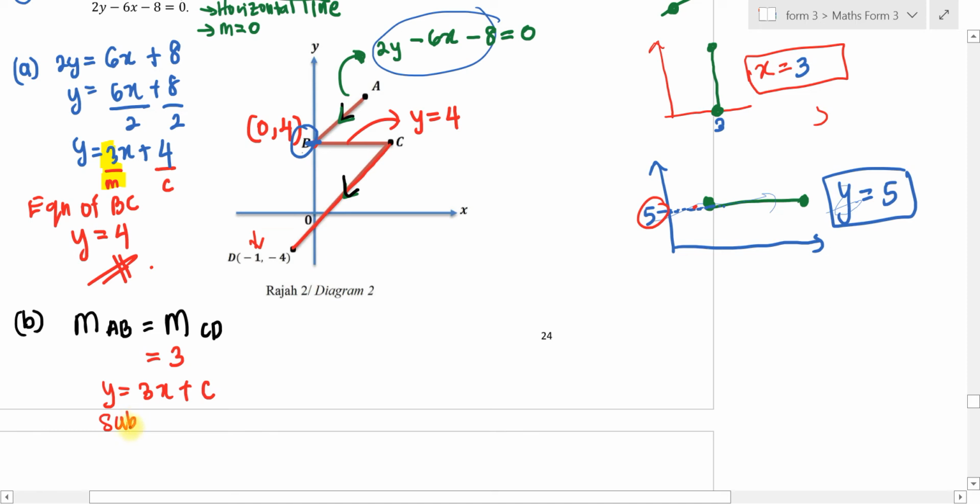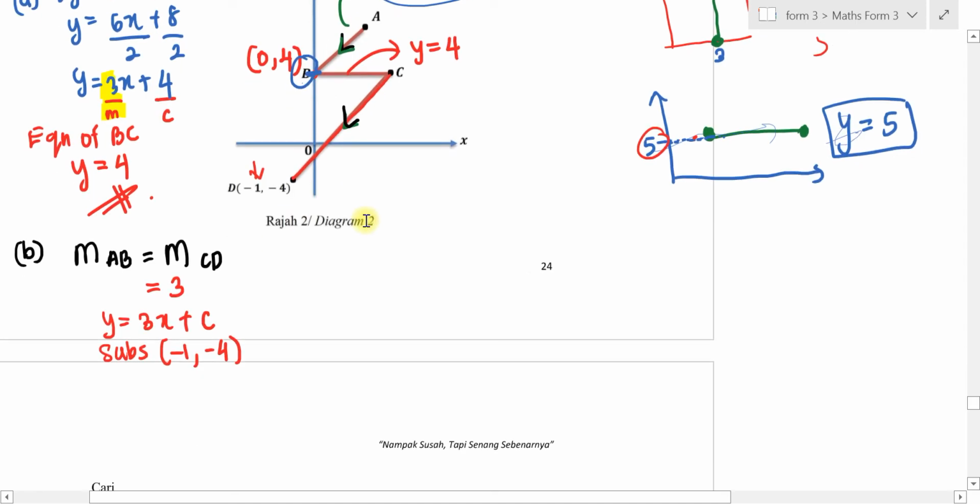So you substitute -1, -4 into it. Y is -4, be careful when substituting: -4 equal to 3 times -1 plus c, so -4 equal to -3 plus c. So c equal to -1, if you solve it.